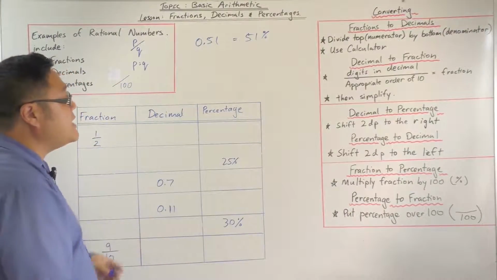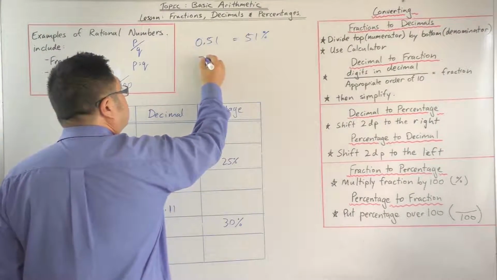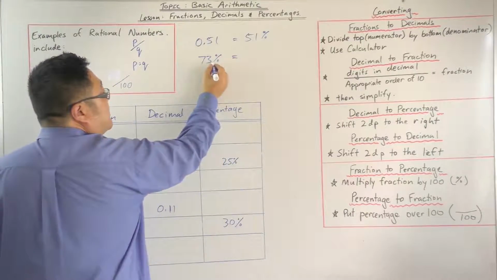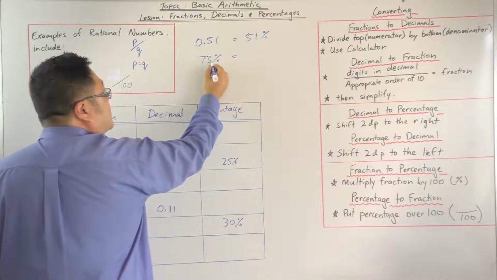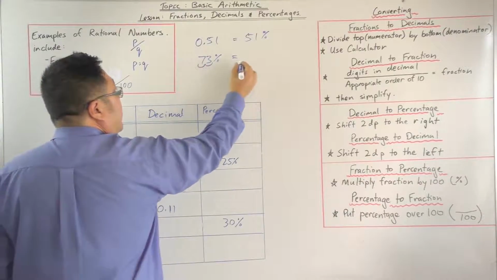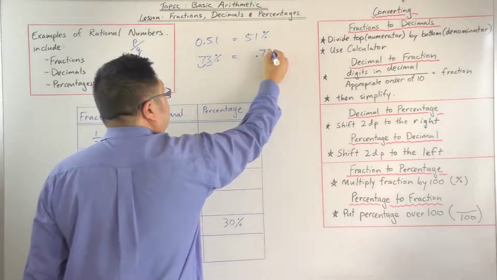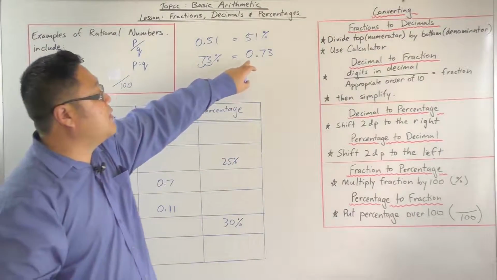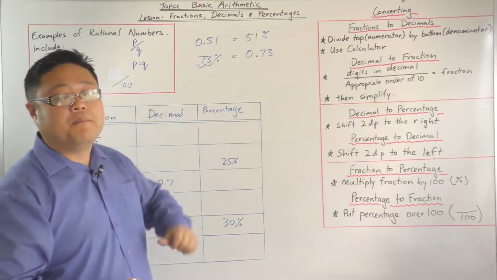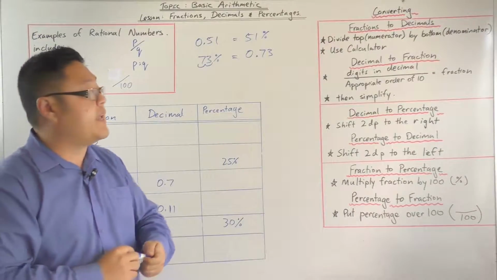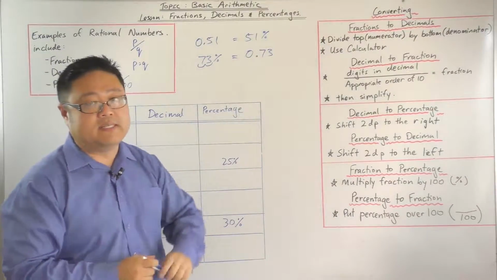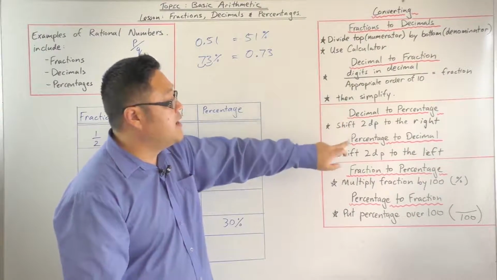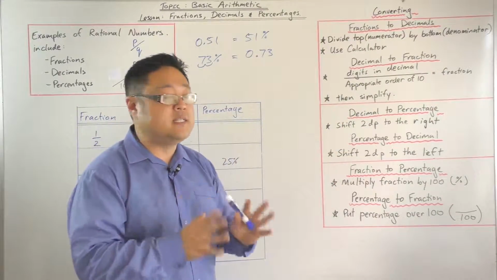Whereas if you are converting from percentages to decimals, you basically shift your decimal point 2 to the left, 1, 2, and your answer is 0.73. And of course, with no number in front of the point, you're better off writing a 0 there, all right? So 0.73, okay? So that's how you convert from decimals to percentages, and that's how you convert from percentages to decimals.